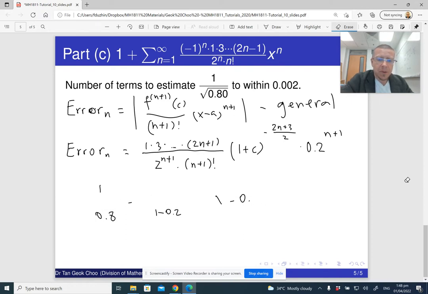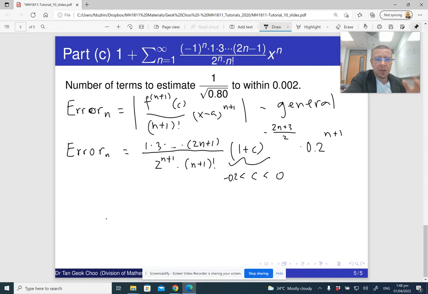Okay, so the tricky part here is c, right? That's why we don't know what the error is actually, so we can only estimate it. Now, c is between negative 0.2 and 0, since our x is negative 0.2. And the question is, for which value of c is this term the largest?